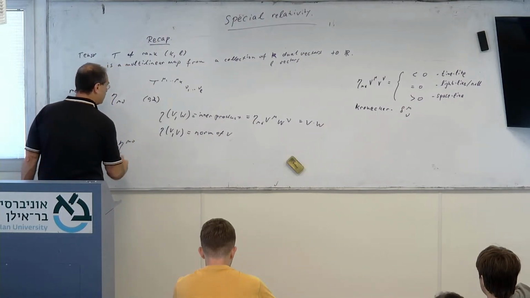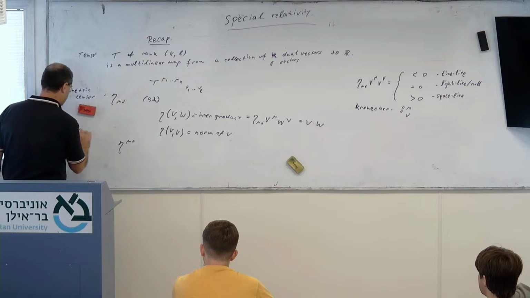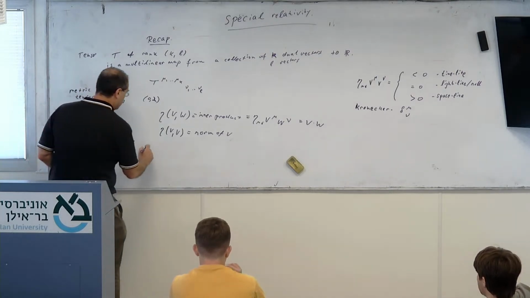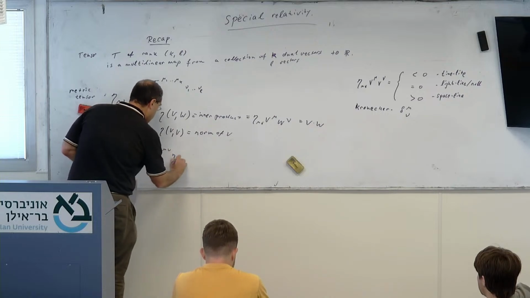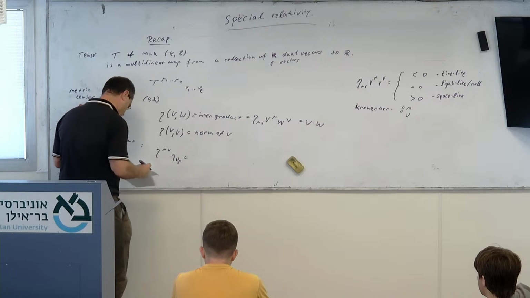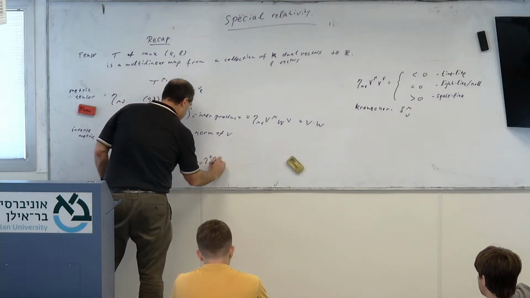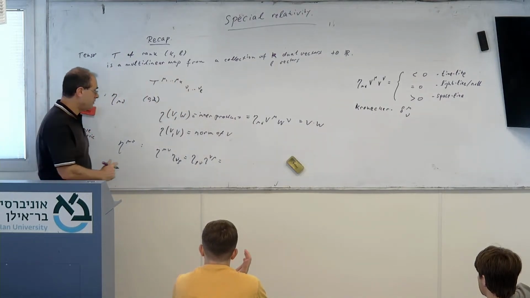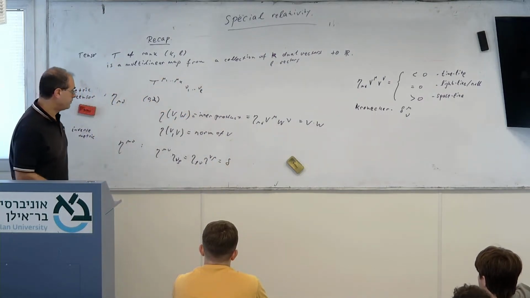The inverse metric eta mu rho times eta rho nu is equal to delta. What's the upper and what's the lower index? Mu upper, nu lower.